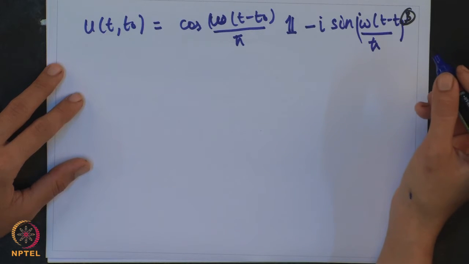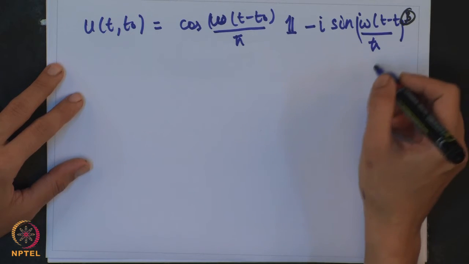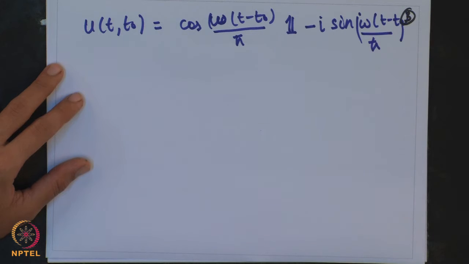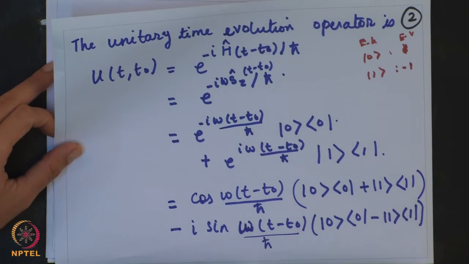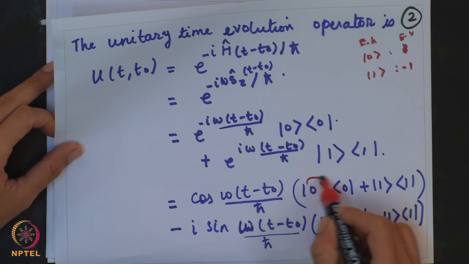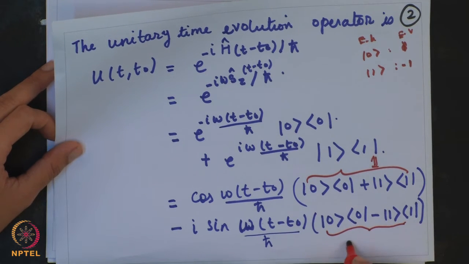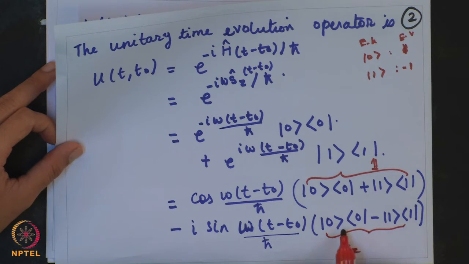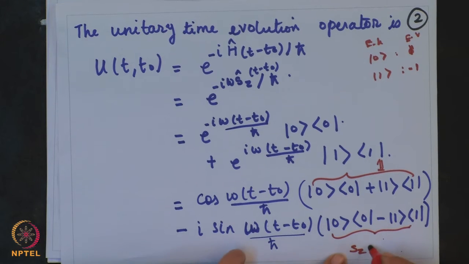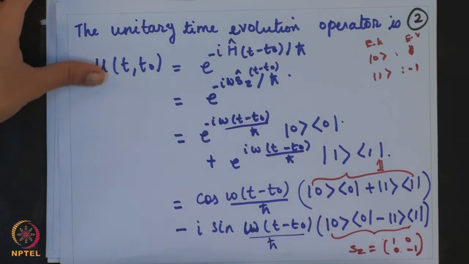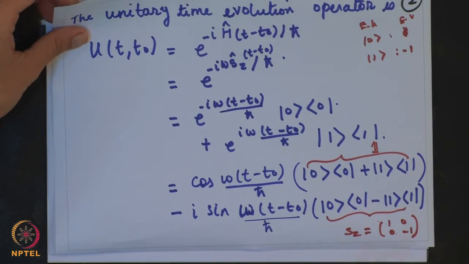This is what we obtain in terms of this term. The top one denotes the identity operator, however this denotes Sz. In the Sz basis, I will have 1 and minus 1. Sz you know is 1 0 0 minus 1. So, in terms of the eigenbasis of Sz, you obtain Sz.